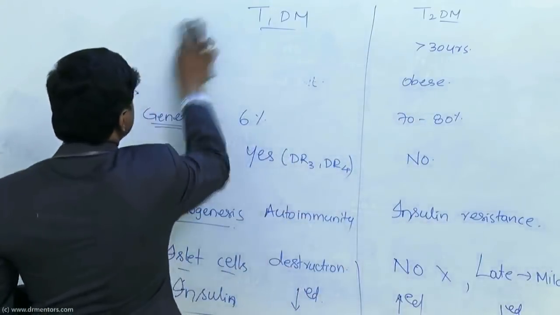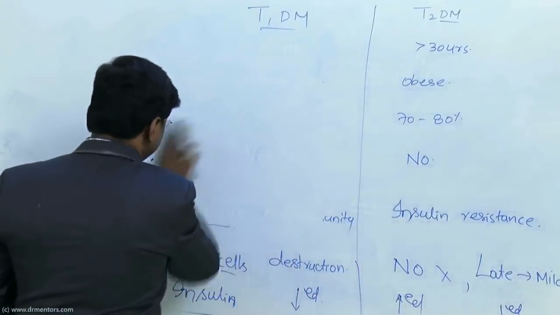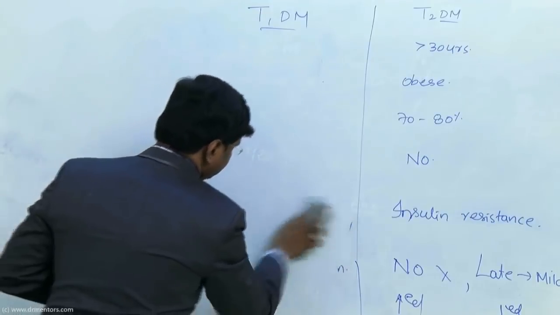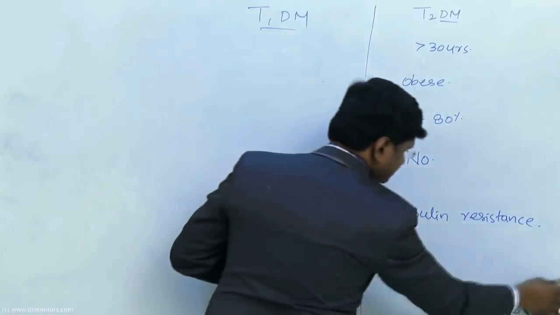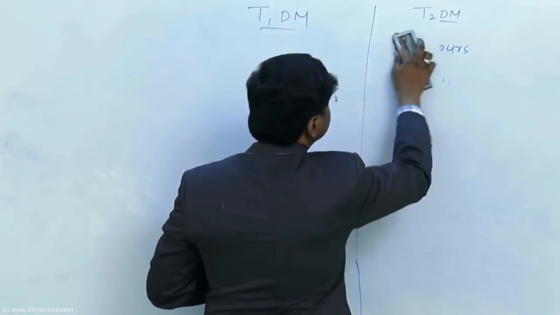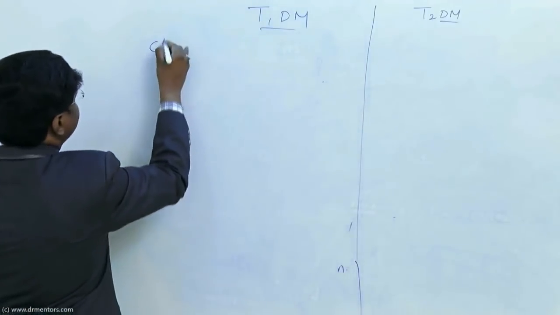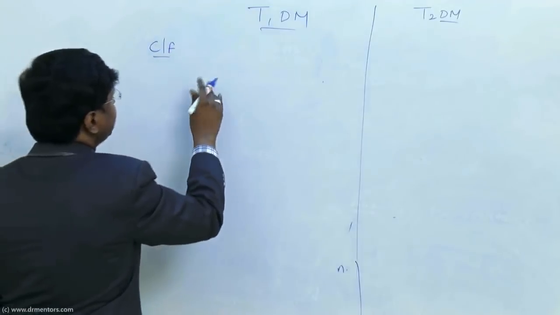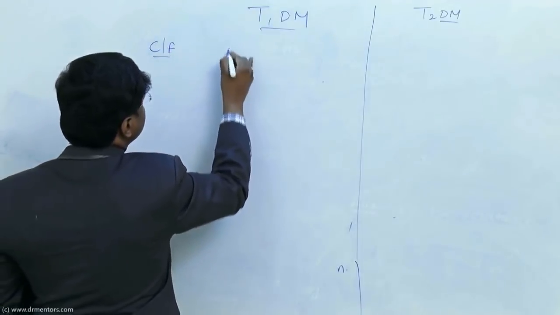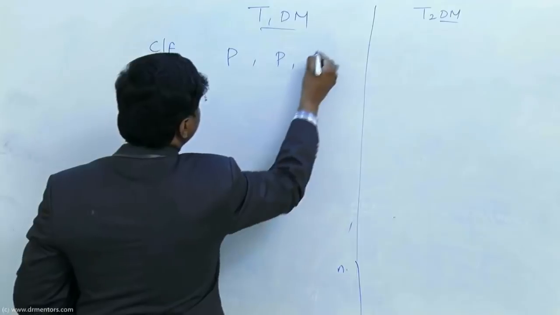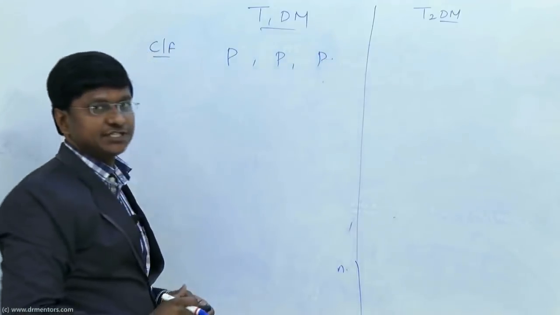Now, apart from this, let me tell you some of the other differences. Take the clinical features. In type 1 diabetes mellitus, they will have the classical clinical features, that is polyuria, polydipsia, and polyphagia.